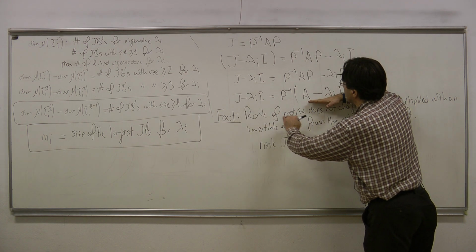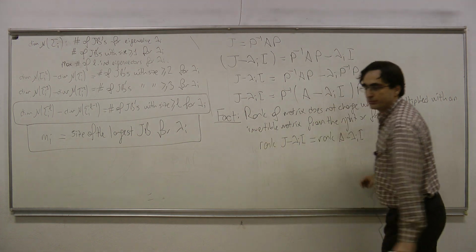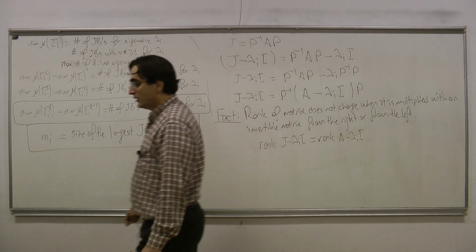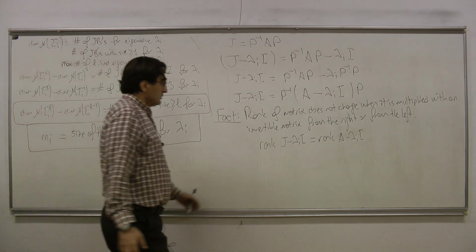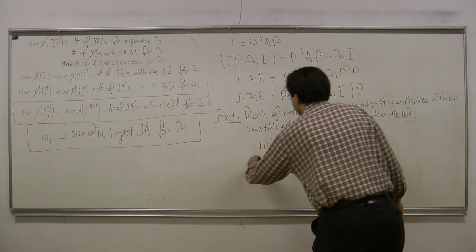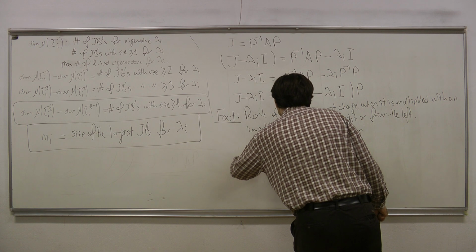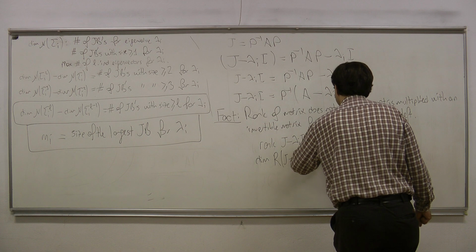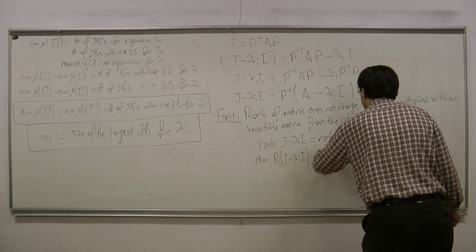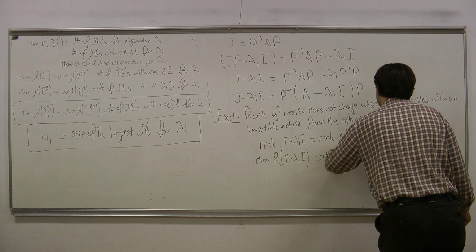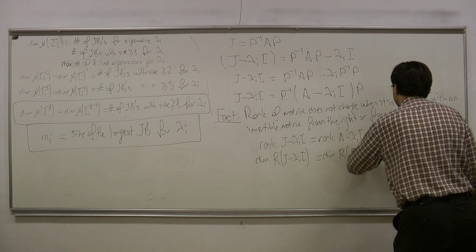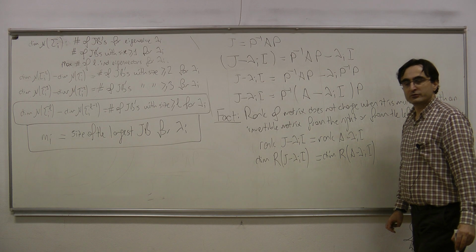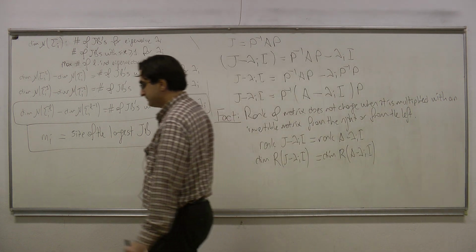Therefore, the rank of the matrix inside is equal to the rank of J minus lambda identity. What is rank? Rank is the dimension of the range space. So the dimension of the range space of J minus lambda identity is equal to the dimension of the range space of A minus lambda identity.